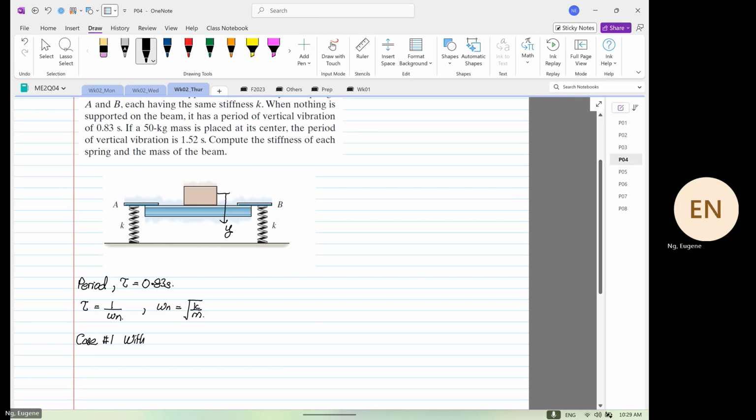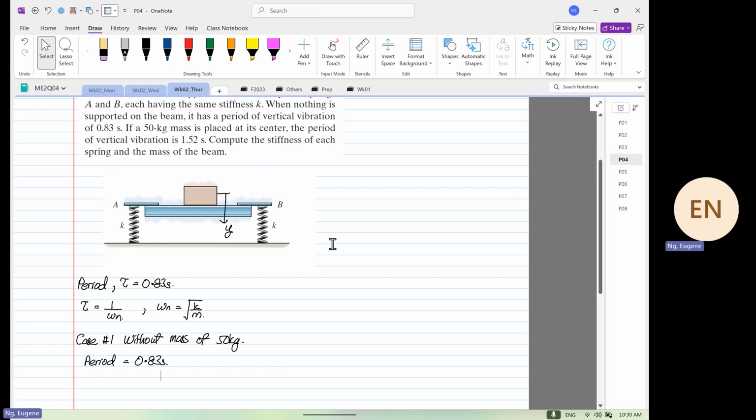Without the mass of 50 kilogram, the period is equal to 0.83 seconds. Okay.